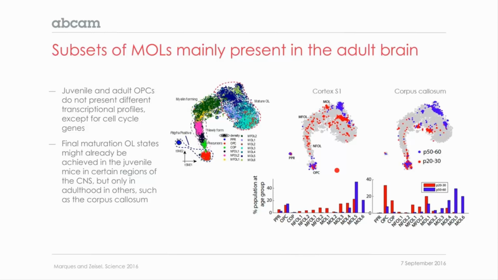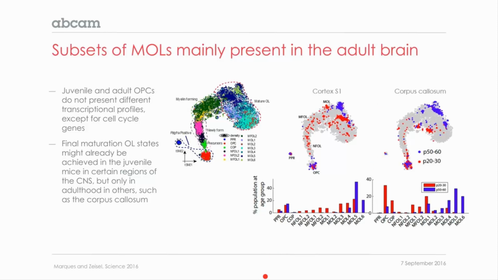Some other cell types appeared mainly in the adult mice, suggesting that perhaps some of these mature types might be achieved already at the juvenile state but might in some cases be transient, while other mature states can only be achieved in the adult brain.